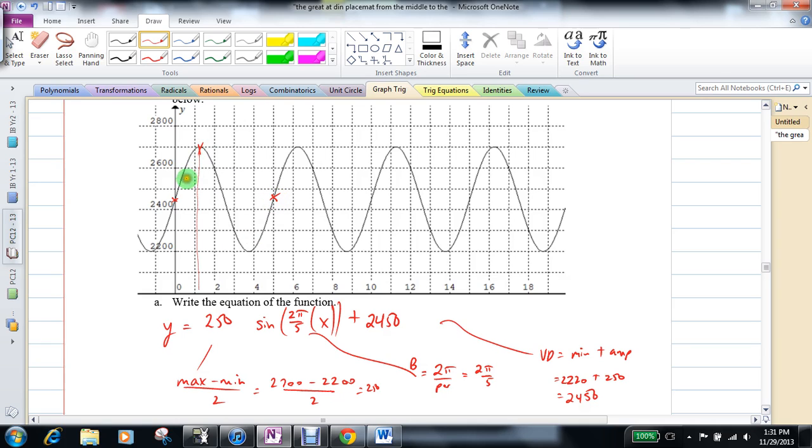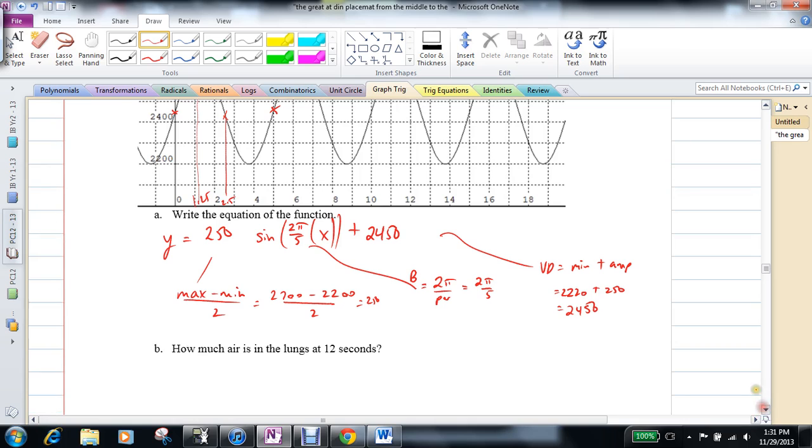So remember that this location is a quarter of the way along the trip. So half of 5 is 2.5, and half of 2.5 is 1.25. So if you had a cos curve starting from that location, you could have the equation of 250 cos 2 pi over 5.